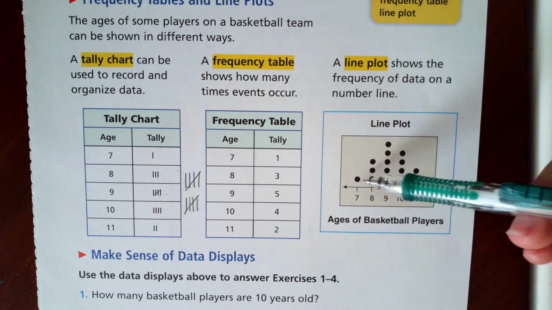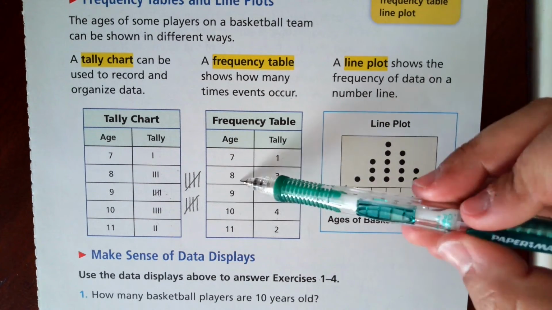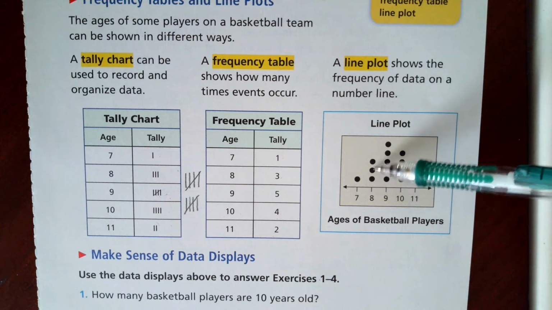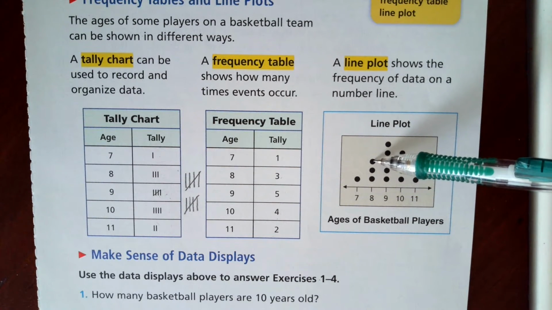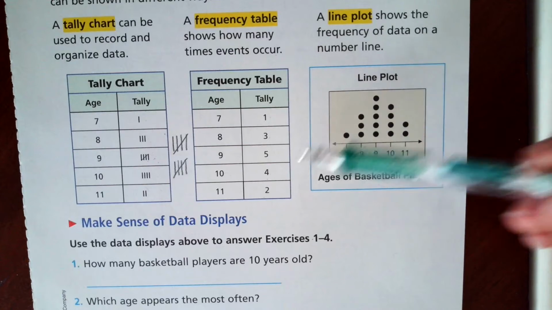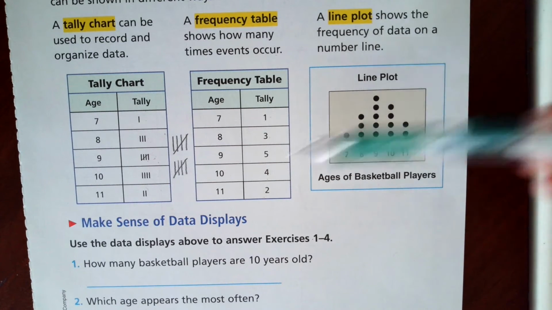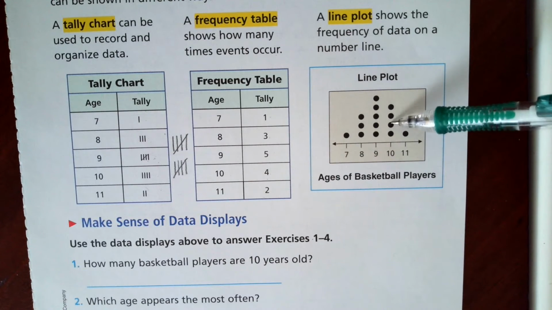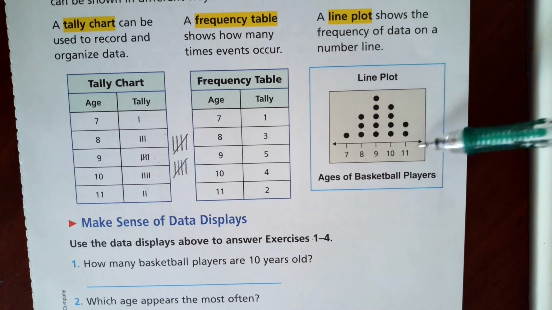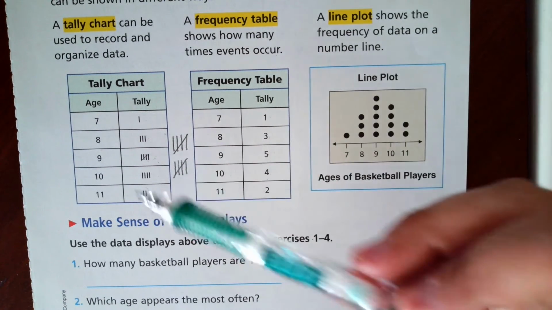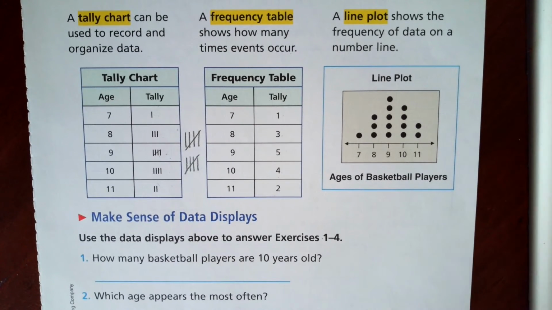So for 7, there's 1 black dot. For 8, there's 3. 1, 2, 3. I can easily count each one of them because they're separated. For 9, there's 5. 1, 2, 3, 4, 5. For 10, there's 4. 1, 2, 3, 4. And for 11, there's 2. 1, 2. So these are 3 different ways to show the data.